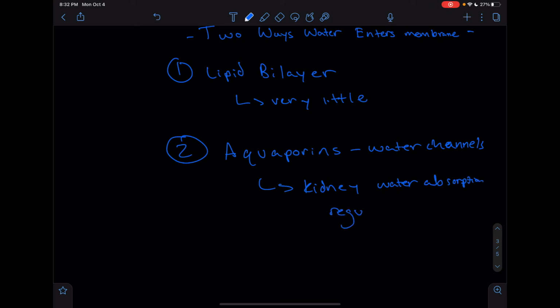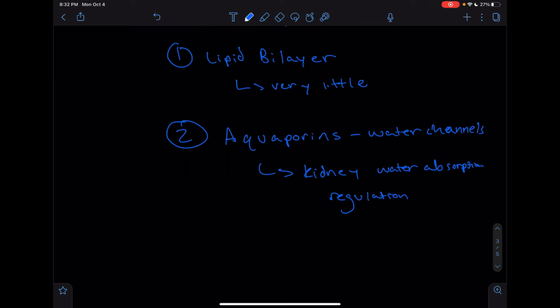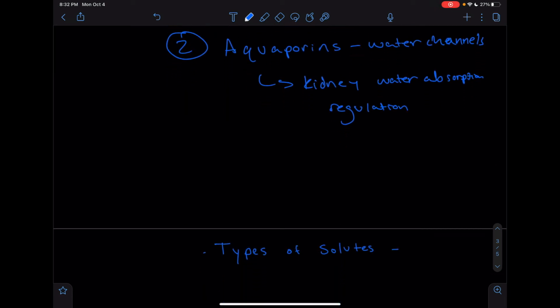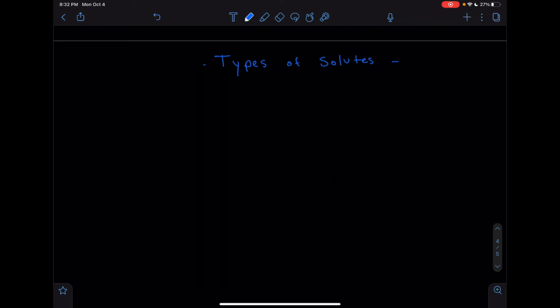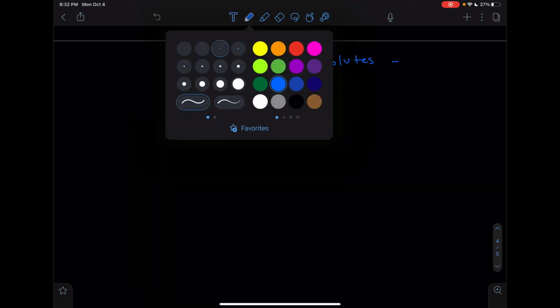If you add more aquaporins or decrease the amount of aquaporins, you control how much absorption is occurring. That's why it's important. The final part that we're going to be talking about are types of solutes. What I mean by that is that there are three kinds of types of solutes that I want you to be thinking about.